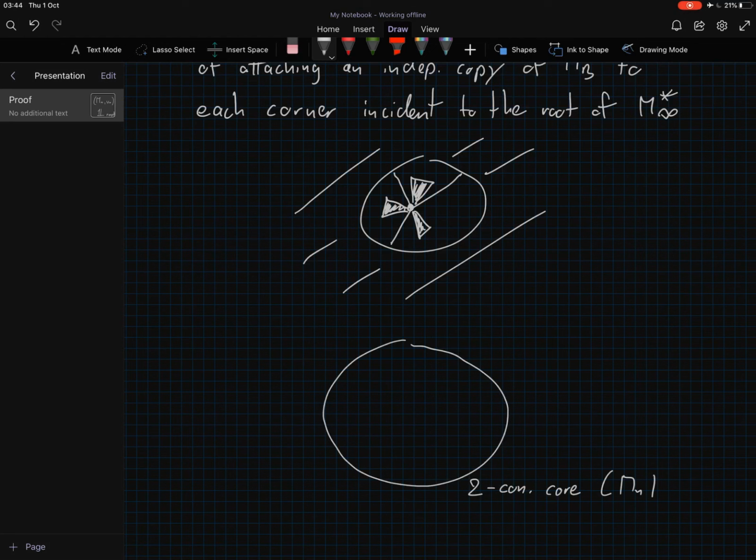We may view the map Mn as the result of attaching planar maps to each corner of its largest non-separable submap, its two-connected core. And the random vertex Bn either is part of the core or belongs to a unique component attached to it. The core admits a random infinite non-separable planar map as its limit.